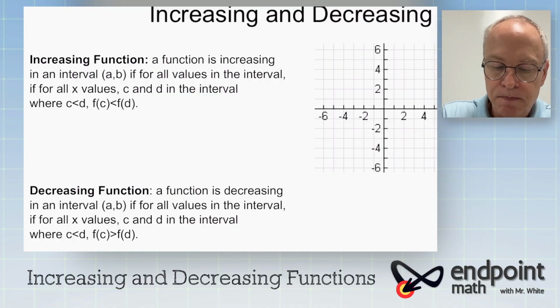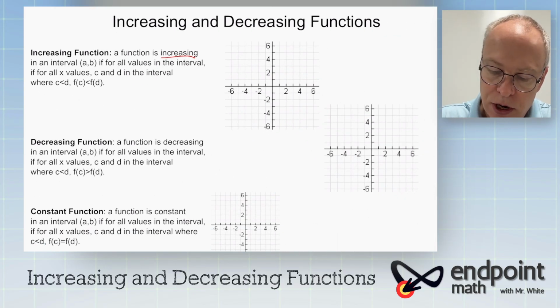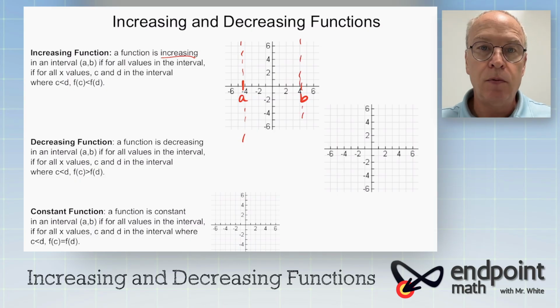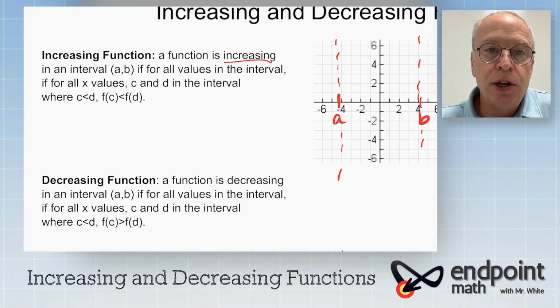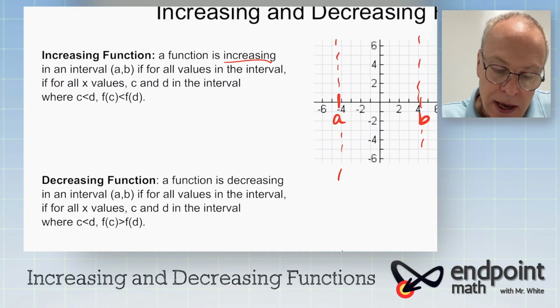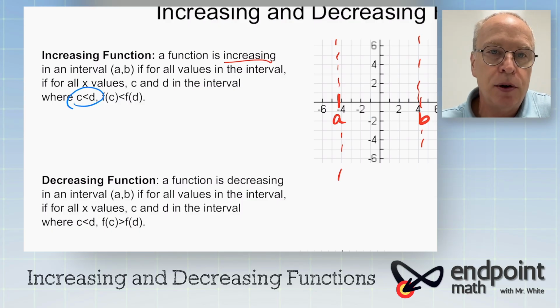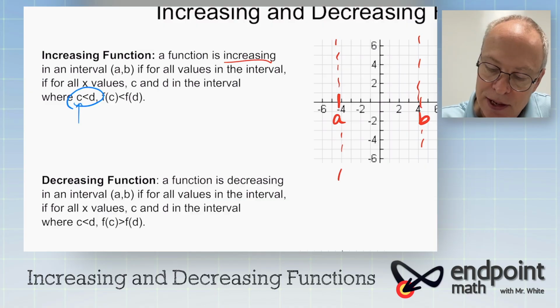Increasing function is increasing on an interval a to b. So we're just going to pick some random interval from a to b that we're going to be analyzing. These intervals are always x values when we do this sort of thing. A function is increasing if on that interval we pick some sort of c and d where c is less than d.